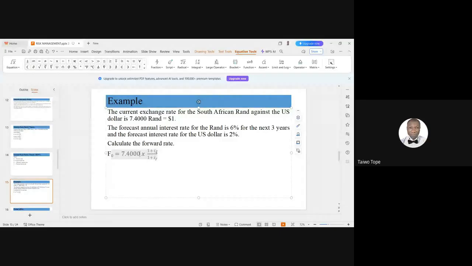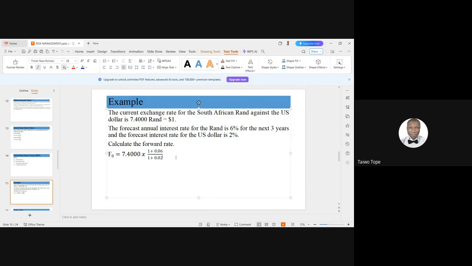Now, the interest in terms of the domestic, 6%, is 1.06. And for the foreign value it will be 1.02. So once you simplify, you have 7.69. That is for year one.